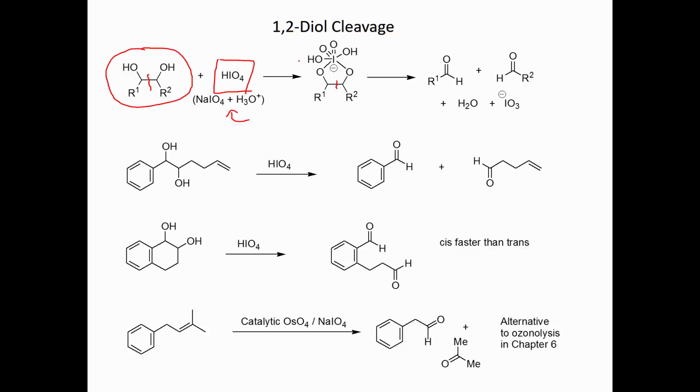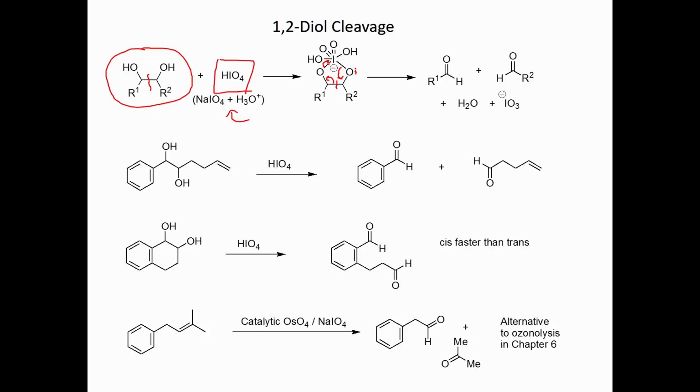And we can think of it as basically just like this set of arrows right here, all right? And we're changing the oxidation state at iodine. We're really converting iodine 7 to iodine 5, and in the process, we get 2 aldehyde units.